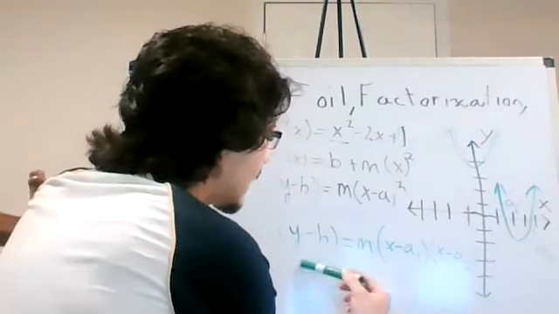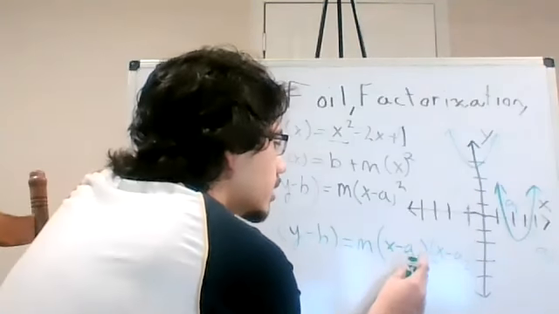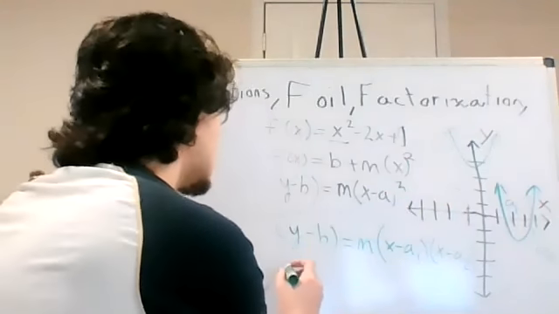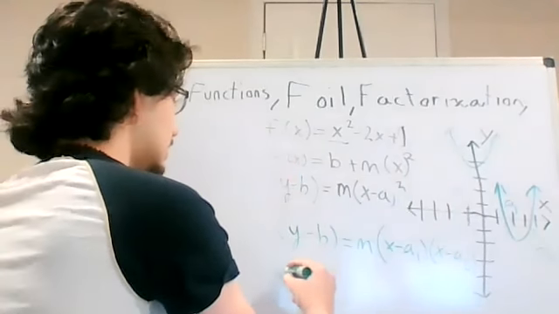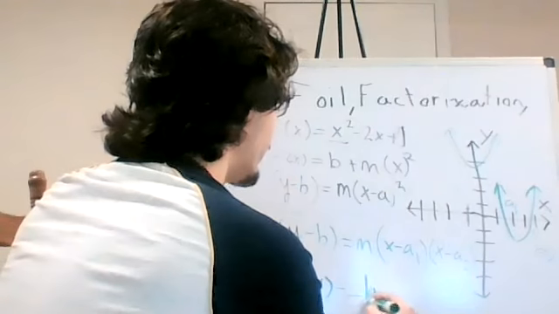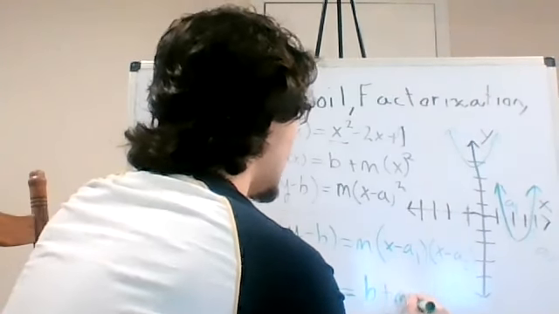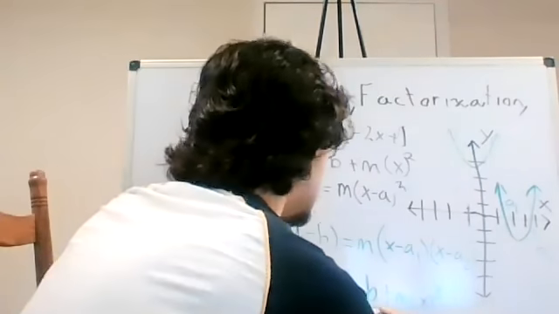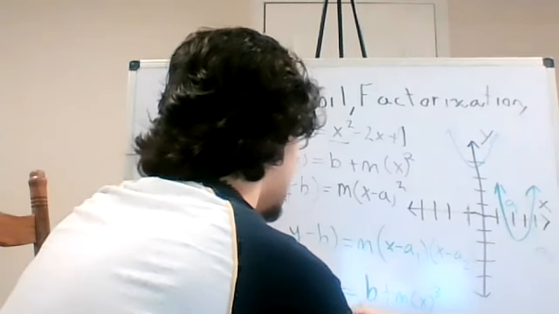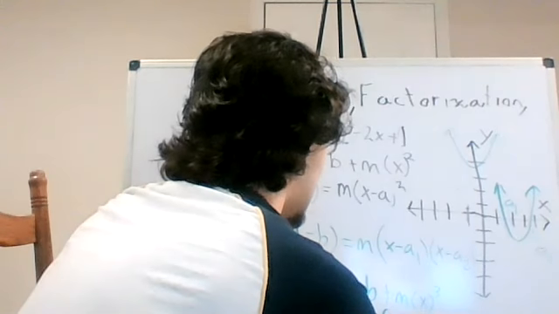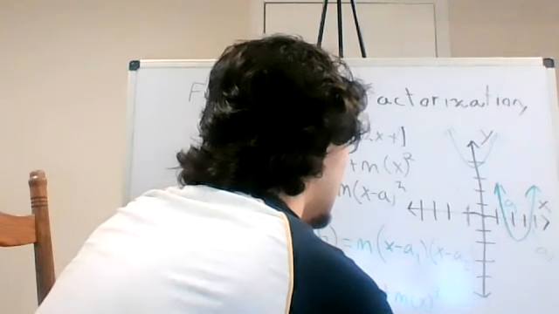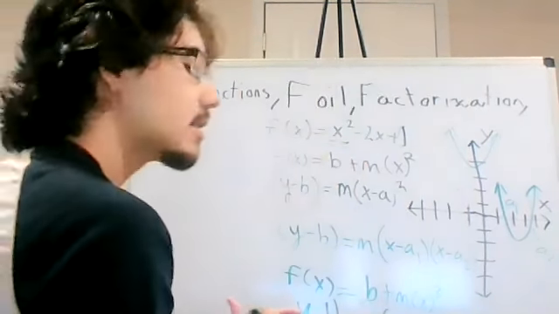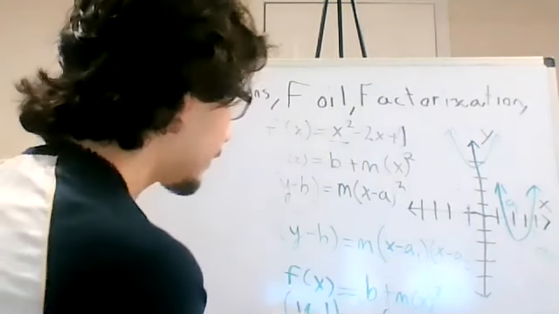If we can write a function such that there are 2 zeros for x because it is x to the power of 2, that means that in other functions, such as f(x) equals b plus mx cubed, what's stopping us from simply saying that y minus b equals m times x minus a1, x minus a2, x minus a3, and so forth? The answer is nothing. Nothing stops us from saying this.